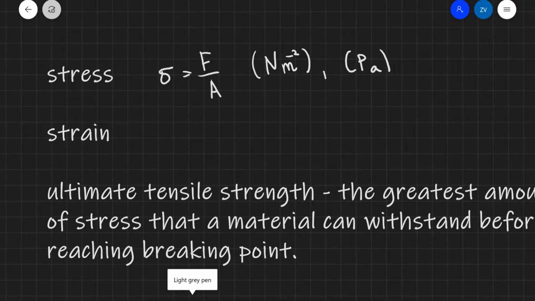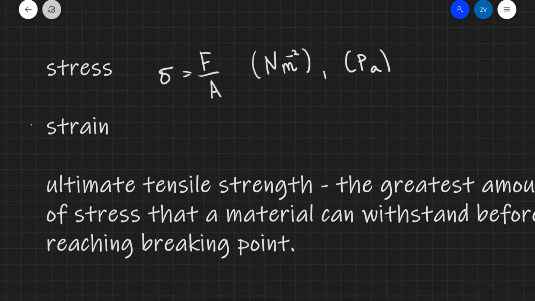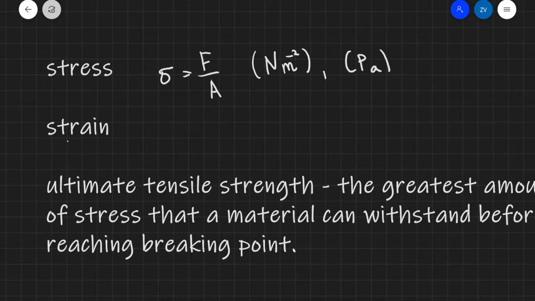Strain, on the other hand, in particular the tensile strain, which is applied to stretch an object, is defined as extension divided by the original length. So let me just write this down. Strain, which is given the symbol epsilon, is our extension x divided by the original length.